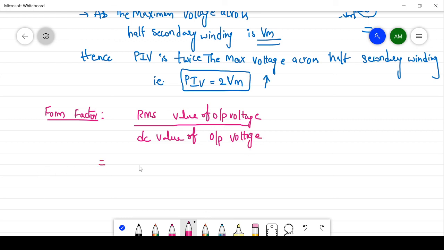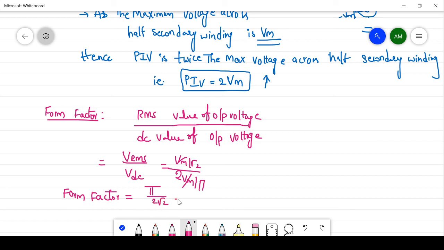So form factor is nothing but Vrms to Vdc. Vrms value is Vm by root 2, Vdc value is 2 Vm by pi. Vm cancels here. Then the form factor is pi by 2 root 2, which is equal to 1.11.